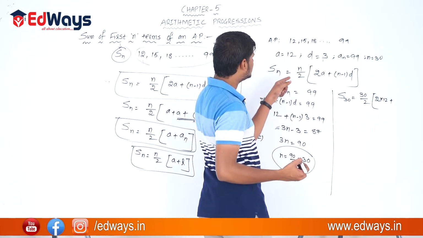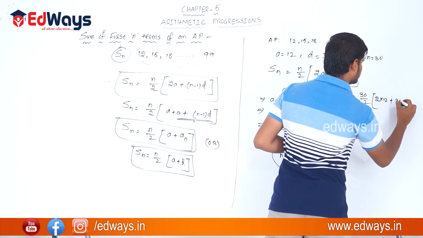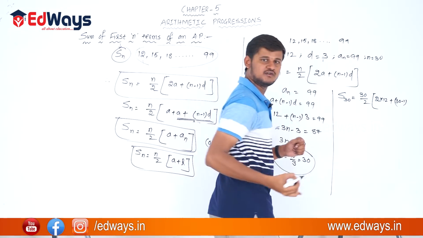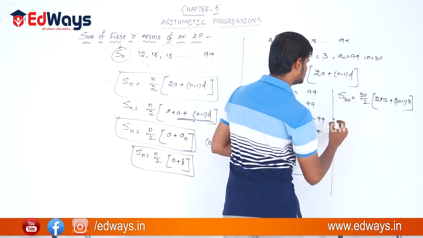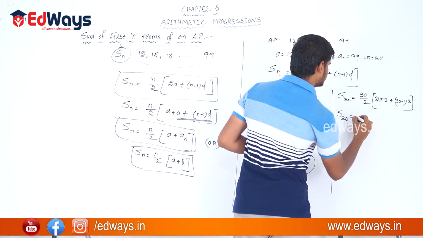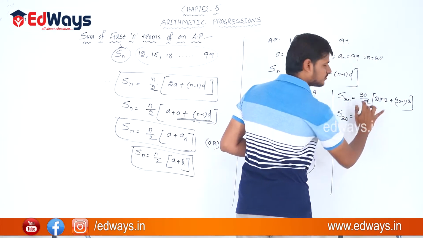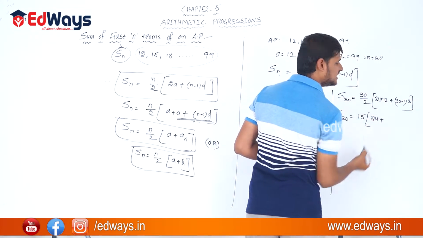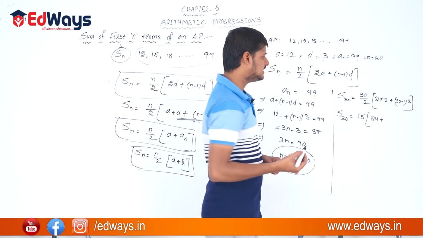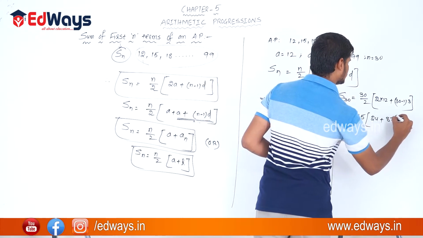What is n minus 1 here? N is 30. 30 minus 1 into d. What is d? D value is 3. Right? So then S30 is equal to 15 into 24 plus 29 into 3. So what is 29 into 3? 87. Right?